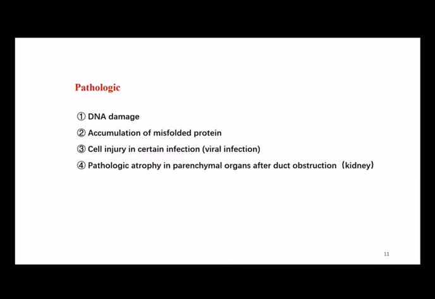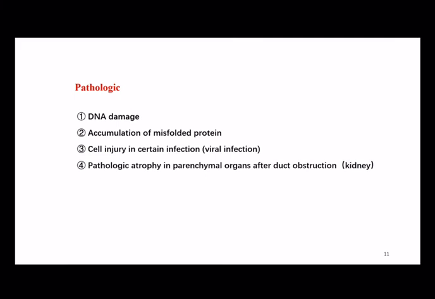The pathologic causes of apoptosis include, first, elimination of cells with injury, which may be a better alternative than risking mutations in the damaged DNA, which may progress to malignant transformation. Secondly, accumulation of misfolded protein culminates in apoptotic death of cells.